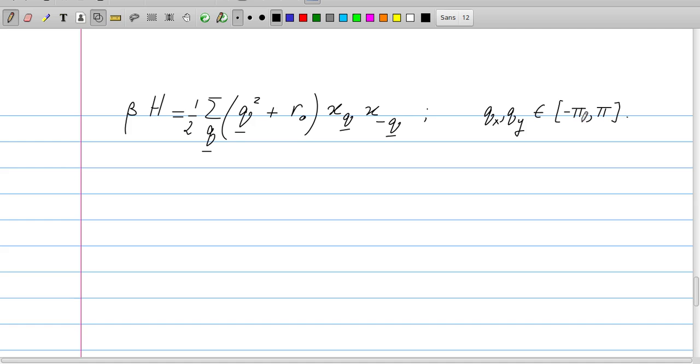And the fact that they do this tells you that the lattice constant is equal to 1, because this is typically minus pi over a to plus pi over a for a lattice constant a. And we fixed the lattice constant rigorously to 1. So that's also part of the definition of the model.